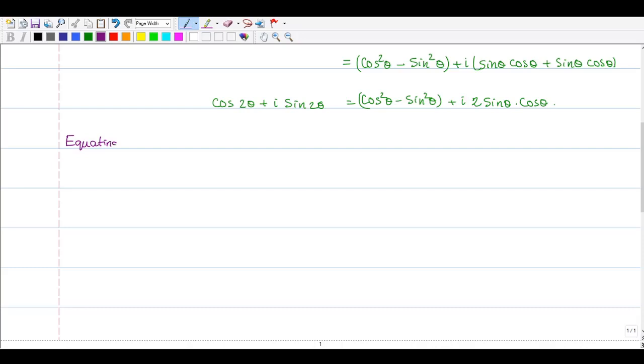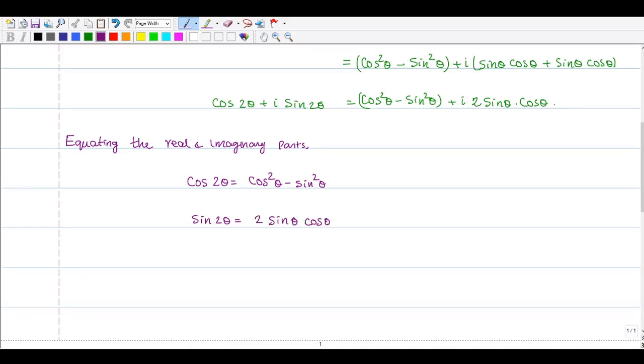Equating the real and imaginary parts, we get the formulas: cos 2 theta is equal to cos square theta minus sin square theta, and sin 2 theta is equal to 2 sin theta cos theta.